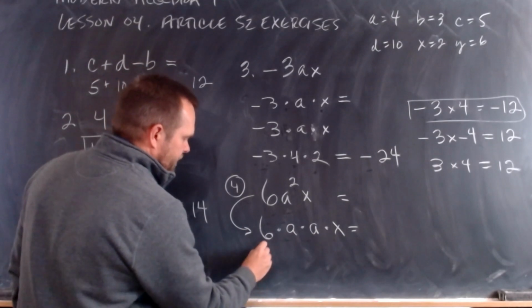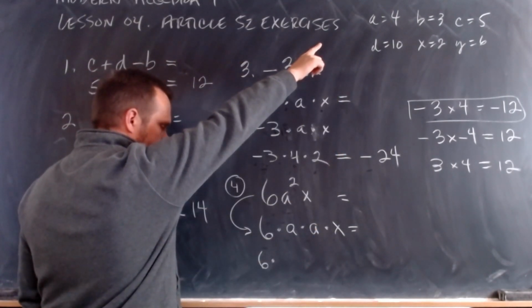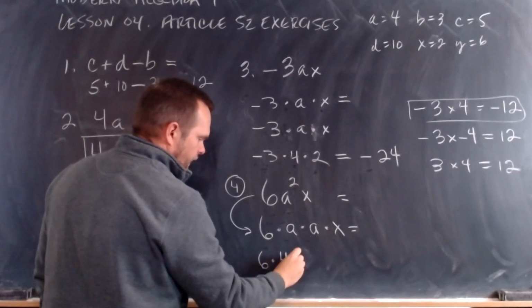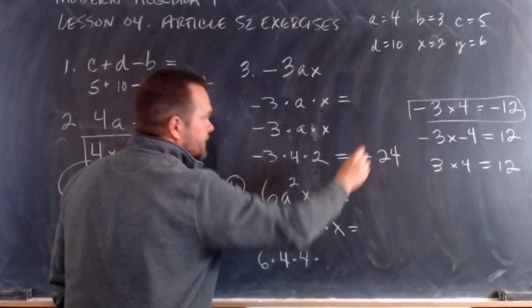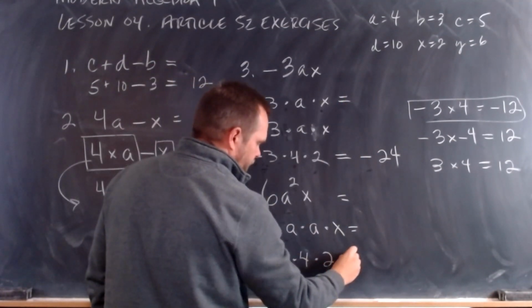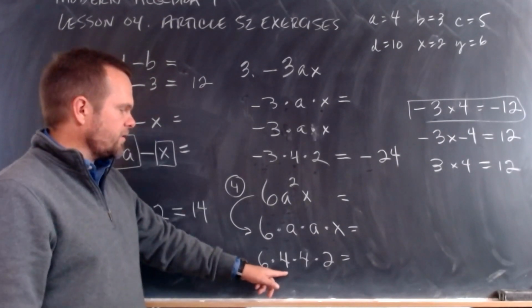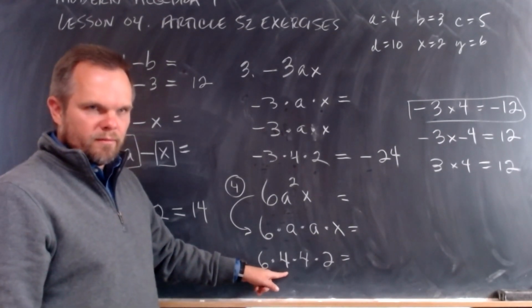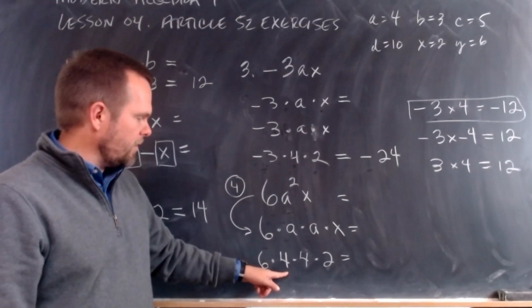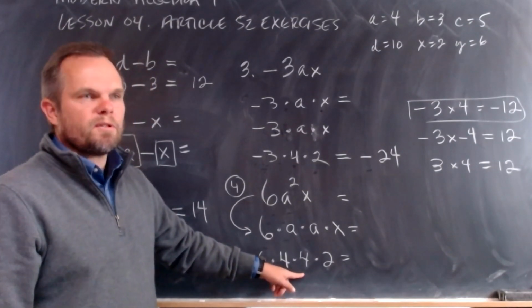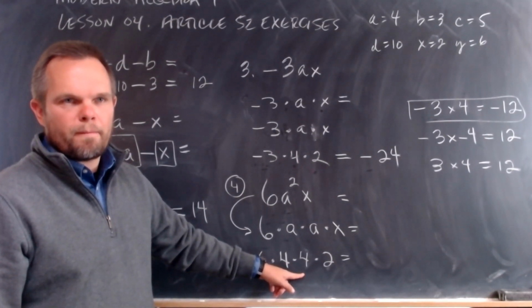What do we have? We have 6 times a equals 4 times a 4 times x 2. We just have some multiplication to do. 6 times 4, 24. 24 times 4.